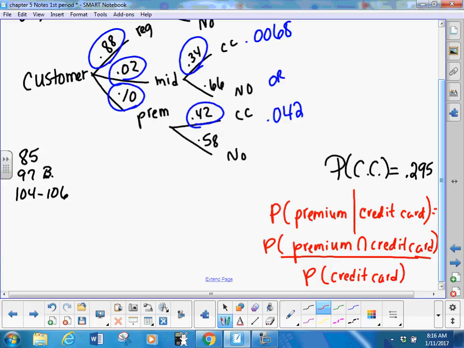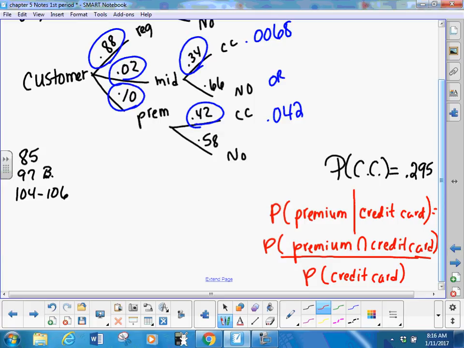So are we okay? And that's on the formula sheet, so you can use your formula sheet. But when it's a conditional, you take these and find the and, or the intersection, and then on the bottom you just are finding the probability of whatever was here. That's it. That's just the formula. I'm just plugging into the formula. So first thing I've got to do is find the probability of premium and credit card.